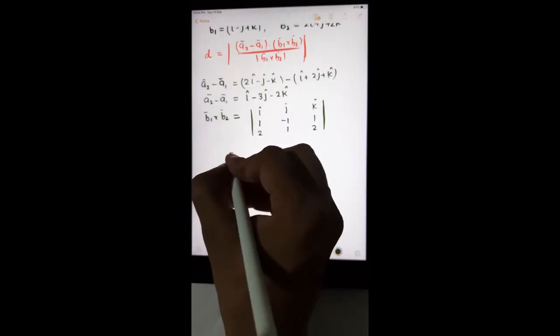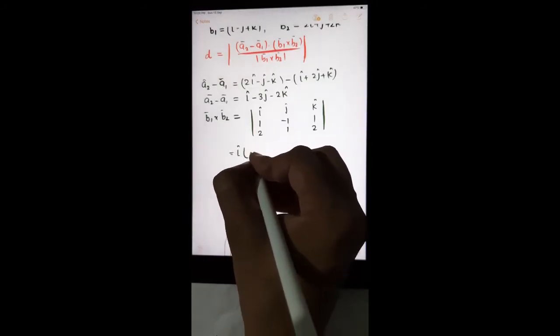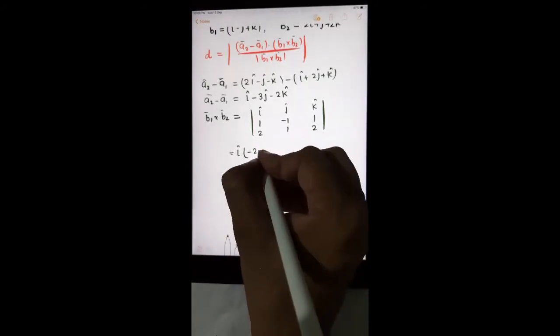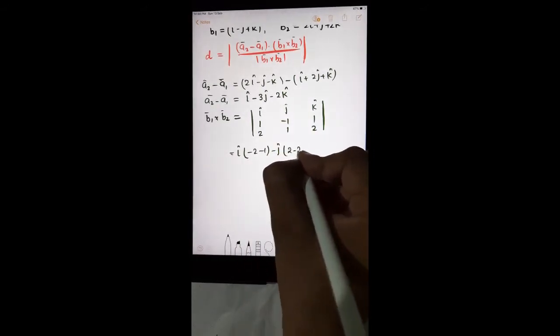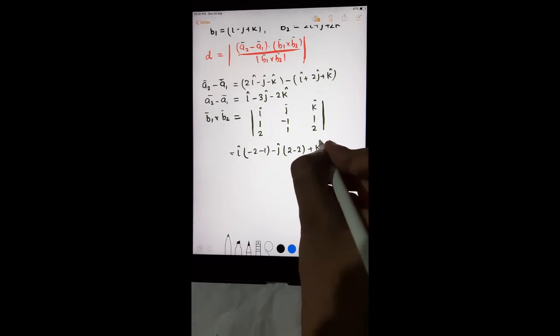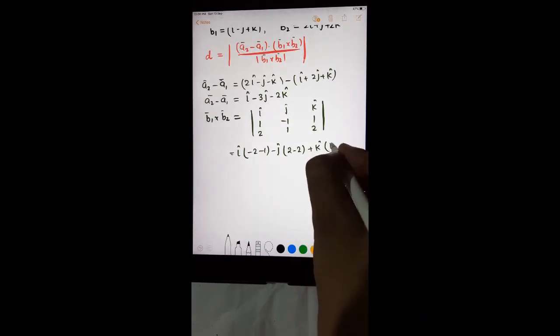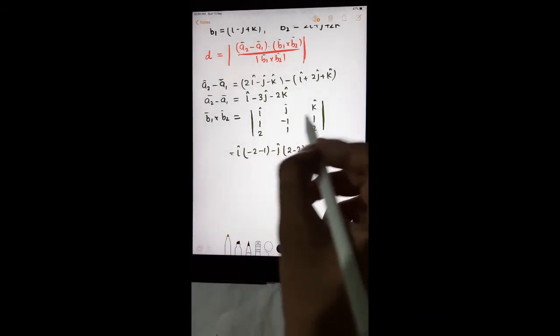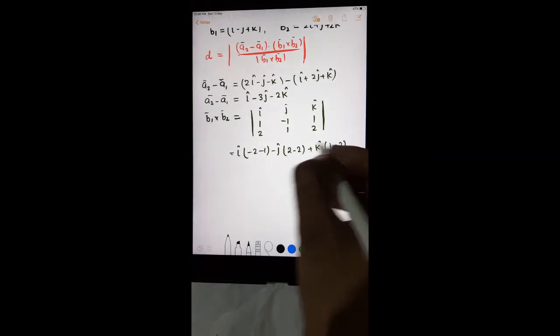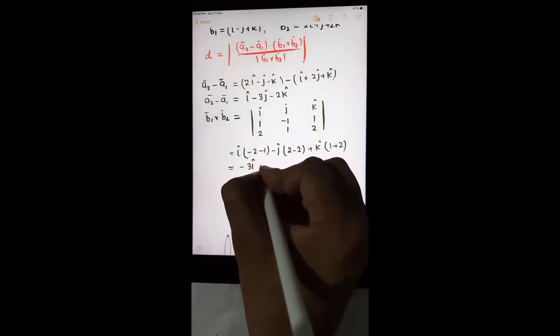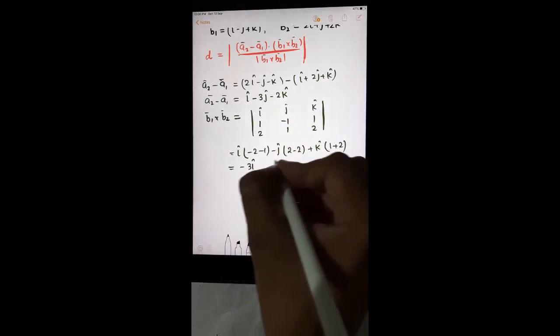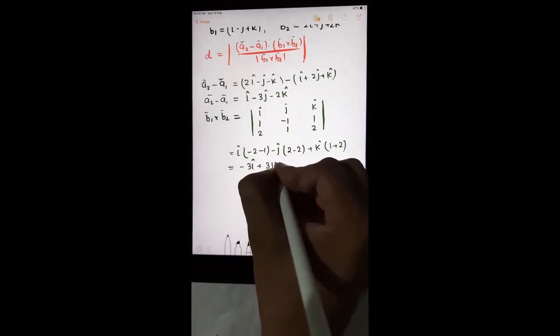So B1 cross B2 is minus 2 minus 1 minus j times 2 minus 2 plus k times 1 plus 2. So we get minus 3i, and this term is 0, so we get 3 times k.